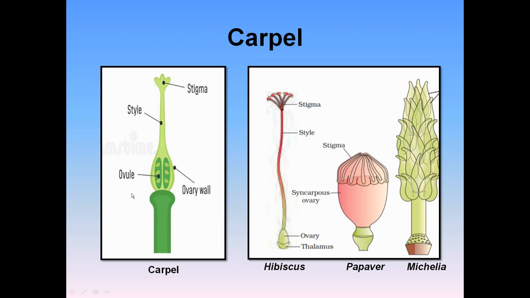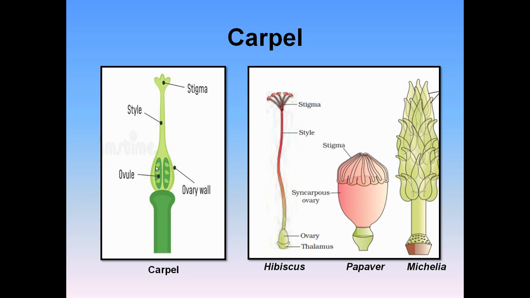Now let us develop a deeper understanding with the help of illustrated diagrams. This is the diagram of a typical carpel, and you can recognize the various parts of it. These are stigma, style, and ovary. And inside the ovary, you can find six ovules arranged in a particular fashion.